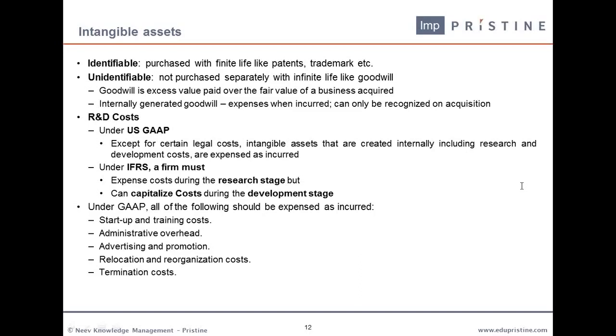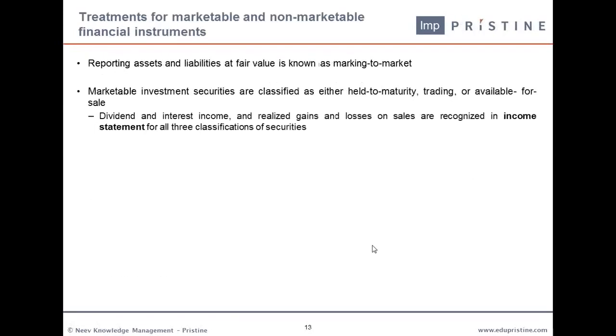Say you have a patent of 20 years, then you amortize it over its life, just like depreciation in case of long-term tangible assets. But in case of goodwill, since it has an infinite life and it is unidentifiable, it is not amortized. So that's it basically. Let's proceed forward.